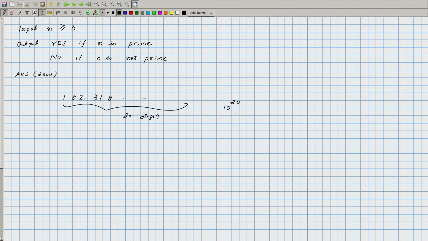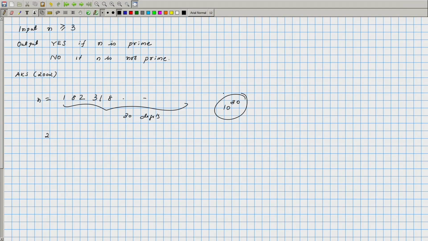We could run a naive algorithm which starts at the number 2 and then repeatedly checks whether the number divides the input n. If you find a number which divides n, then we know that this is not a prime number, this is a composite number. Now, this naive algorithm is not computationally efficient, in the sense we will never be able to run this even on modern day computers.